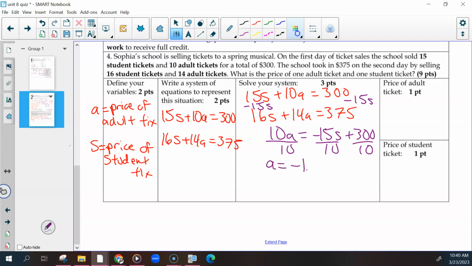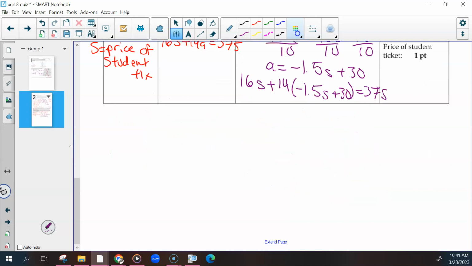So this becomes -1.5s plus 30. So that works out nicely. Then take that equation, put it back into the other, and you could solve for s.